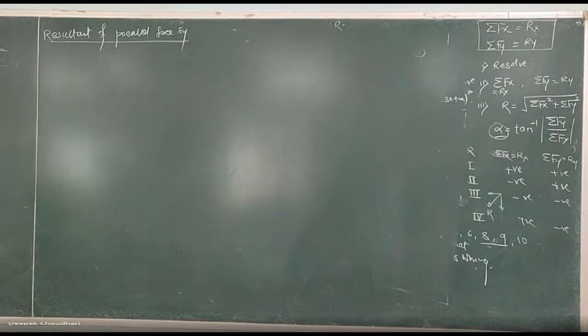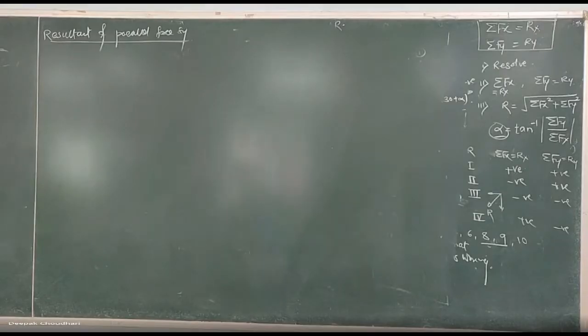Now from your division, from this A division right now, how many students are from civil and mechanical? Anybody from civil or mechanical? Sir, I am. What's your name? Shwetank.